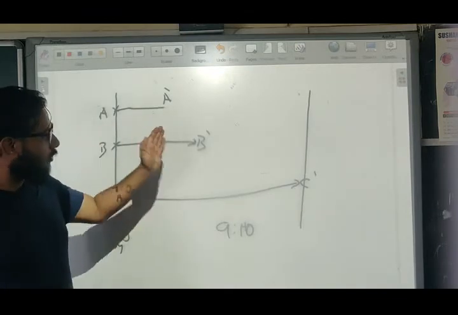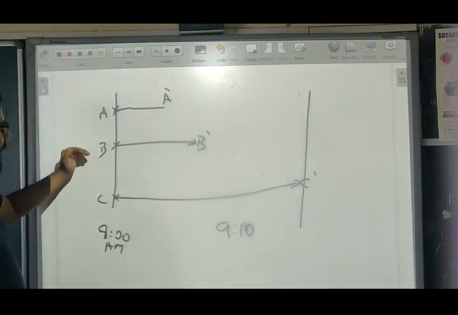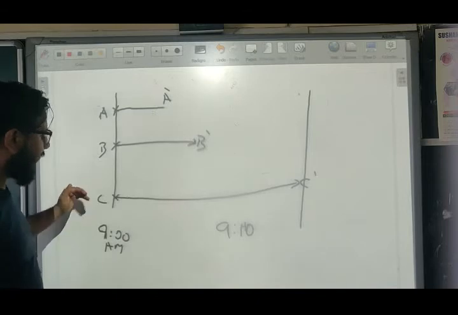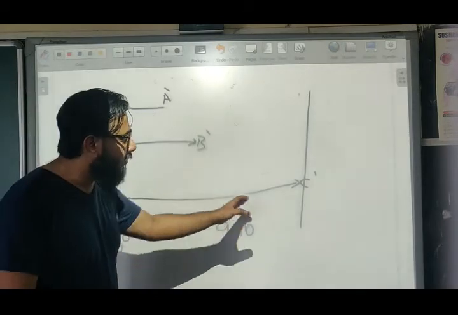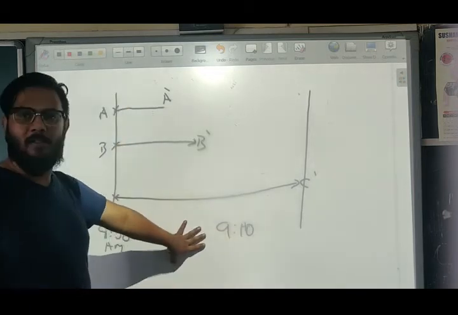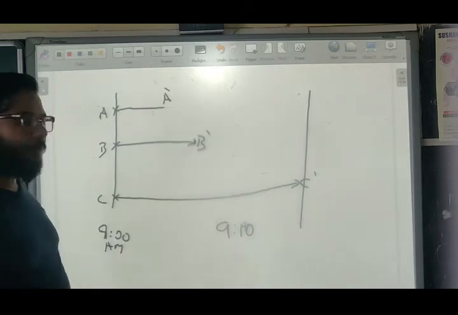Which one of these three bodies was the fastest? It is C. Why? Because it has covered the largest distance in the given time. The given time is 10 minutes, right?